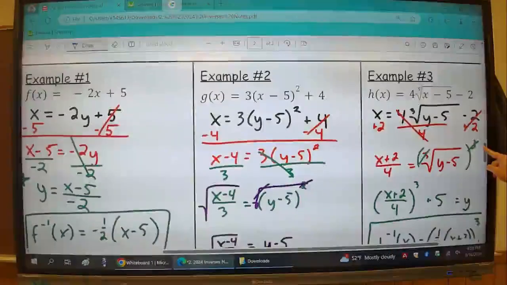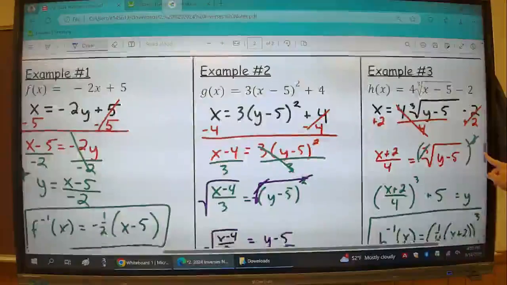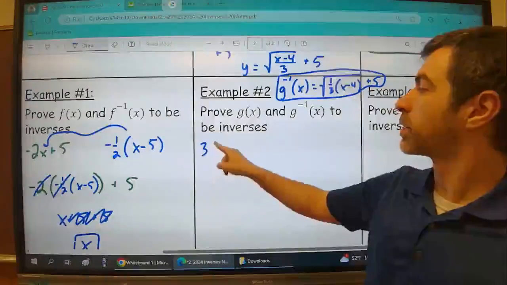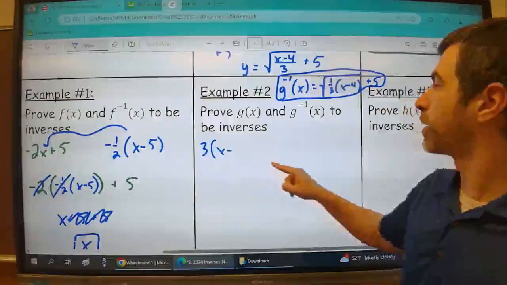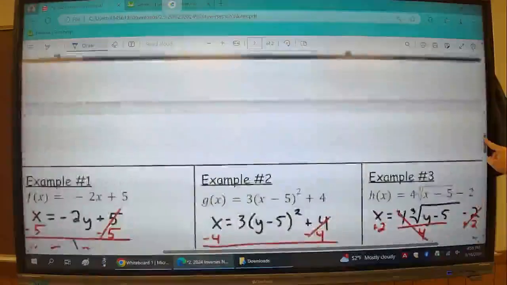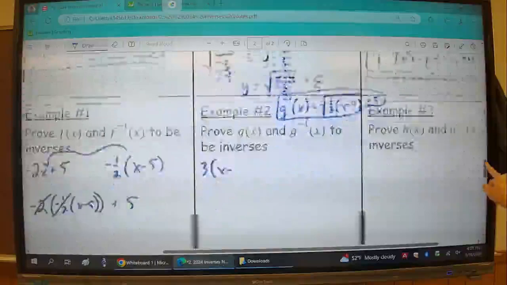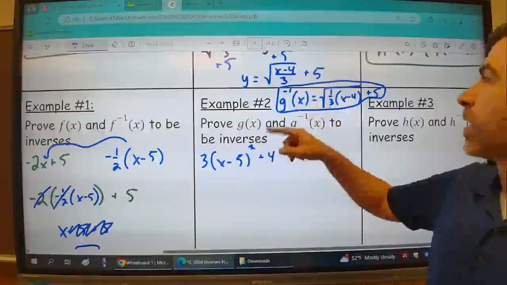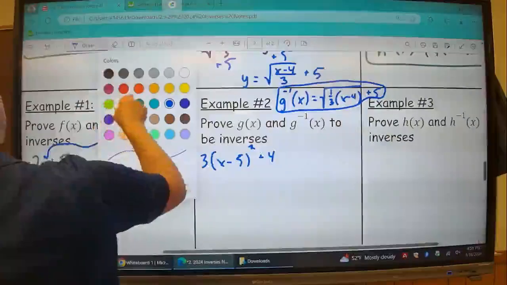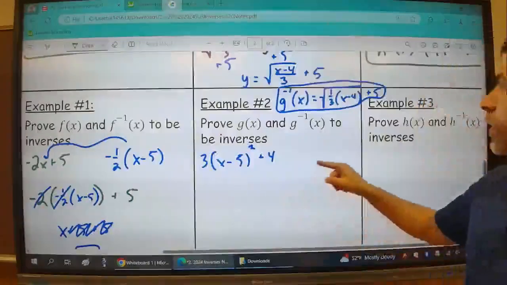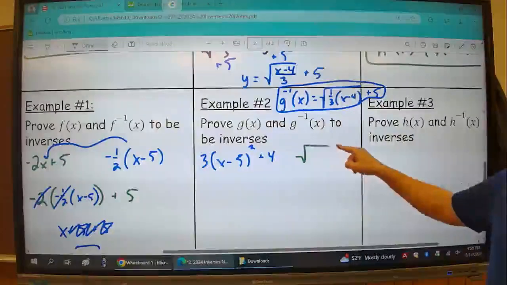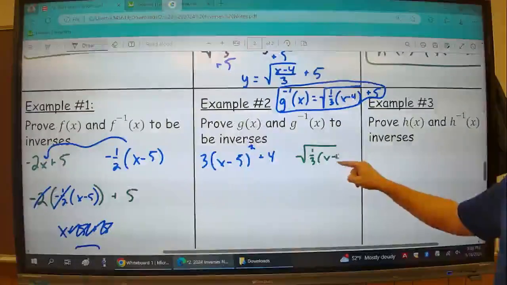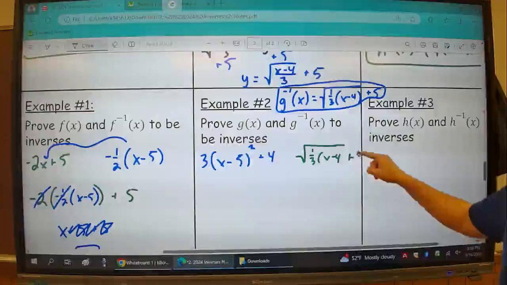The original: 3 times x minus 5 squared plus 4. And then our inverse function, the square root of 1/3 times x minus 4, plus 5.